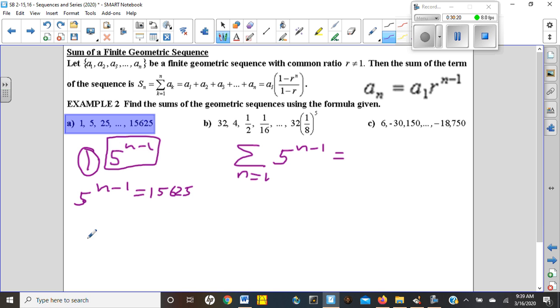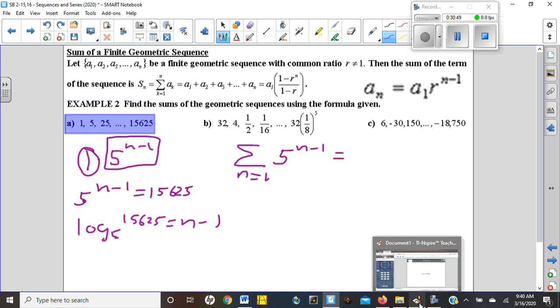But most of us don't. So what we would do is we would say this is going to be log base 5, right? 5 is the base of 15,625 is equal to n minus 1. So now we just have to figure out what log base 5 of 15,625 is.